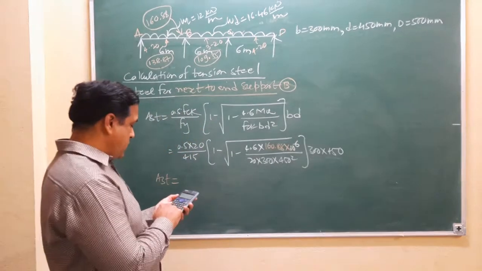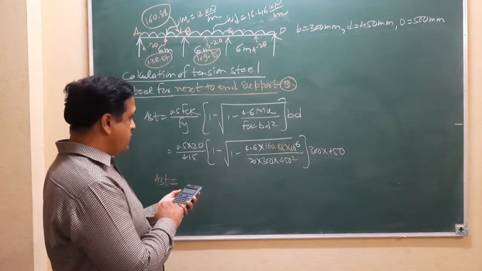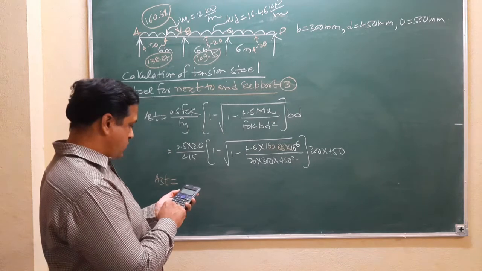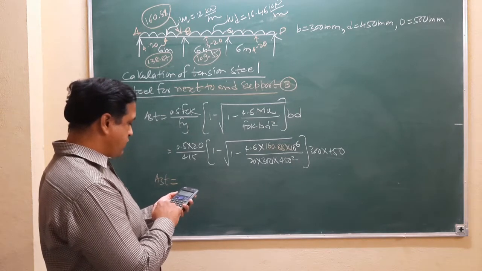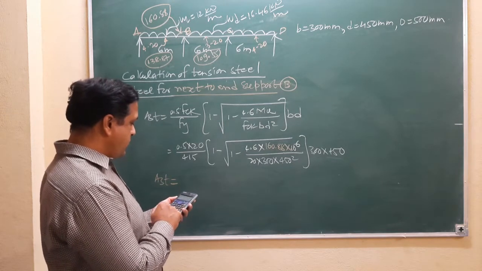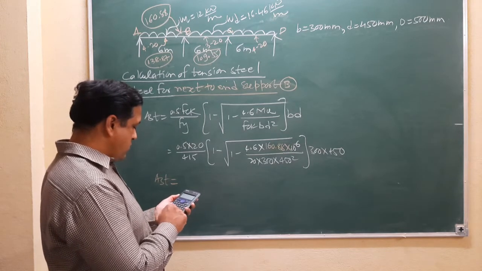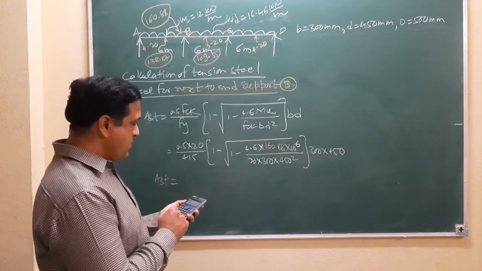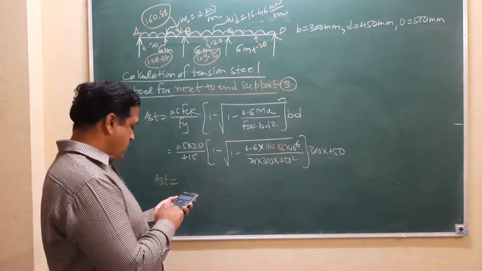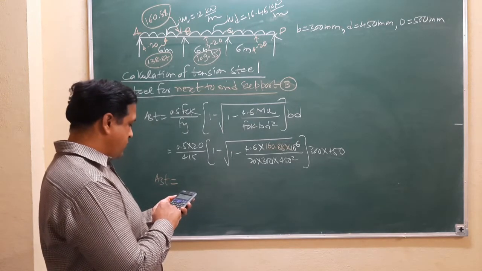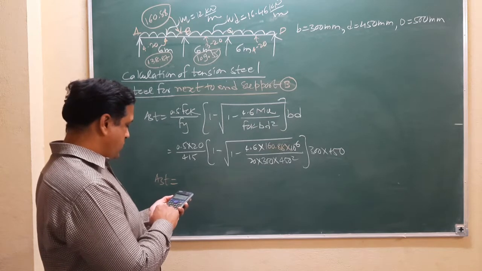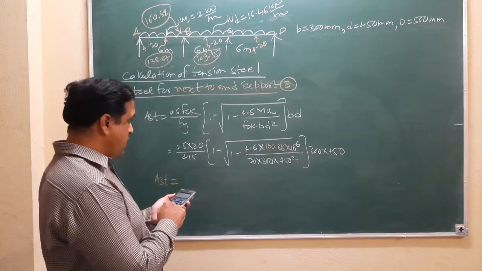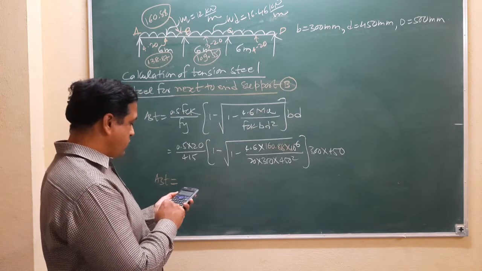So I will calculate 4.6 into 160.88 into 10 raised to 6 divided by 20 into 300 into 450 into 450. Okay, 0.6090. 1 minus 0.6090, under root of the answer, it is 0.6252. 1 minus 0.6252 into 0.5 into 20 divided by 415 into 300 into 450.